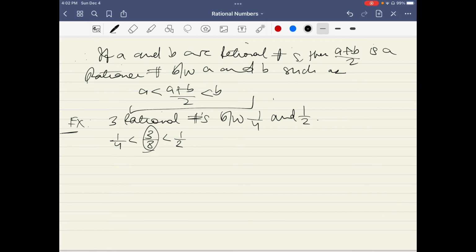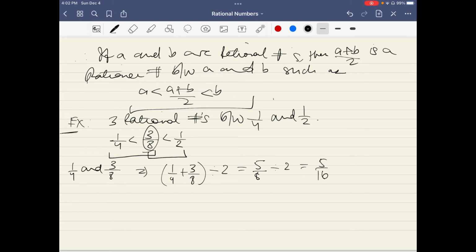Now we can find the midpoint of 1 over 4 and 3 over 8, and we can find the midpoint of 3 over 8 and 1 over 2. Let's first find the midpoint of 1 over 4 and 3 over 8, which will be, using the method we just learned, 1 over 4 plus 3 over 8 divided by 2, which turns out to be 5 over 8 divided by 2, which is 5 over 16.